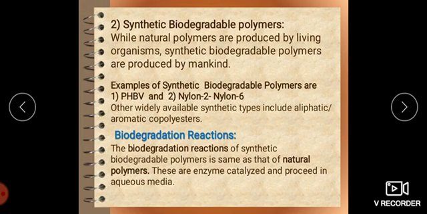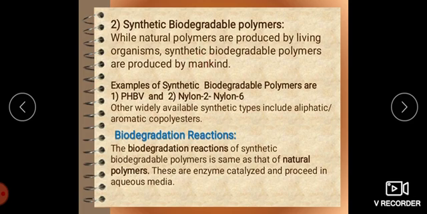Second type, that is synthetic biodegradable polymers. As I said, natural biodegradable polymers are produced by living organisms in nature, but synthetic biodegradable polymers are produced by mankind.